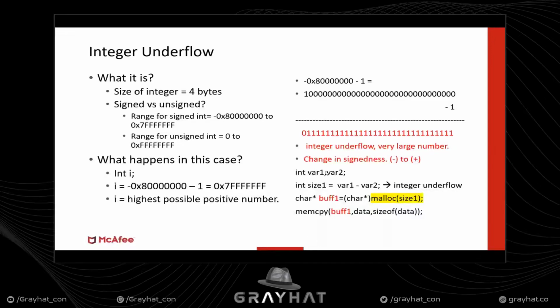There is a very simple example over here, as we have seen in the integer overflow case. Same example is over here, but the only difference is that size 1 is calculated by subtracting variable 2 from variable 1.